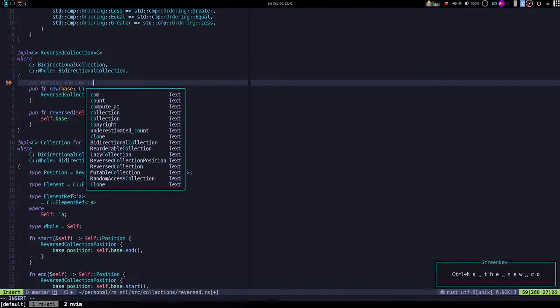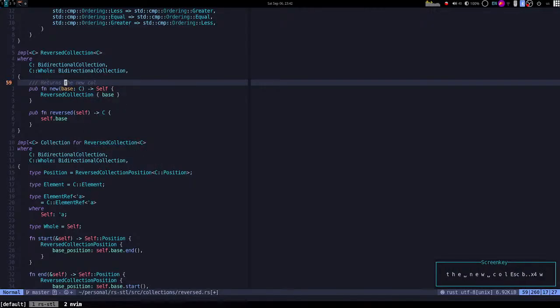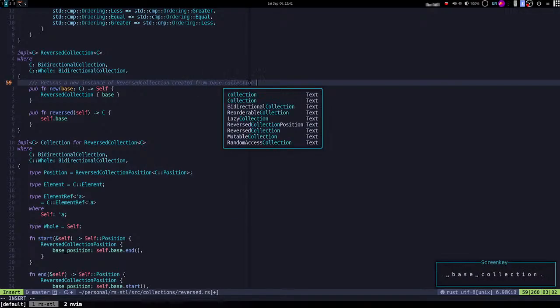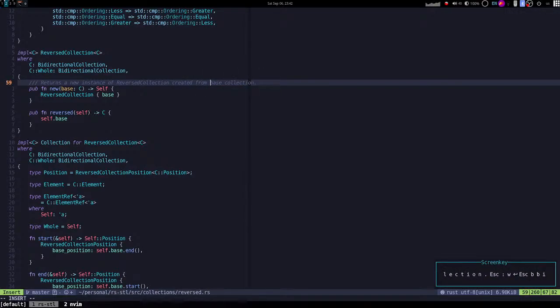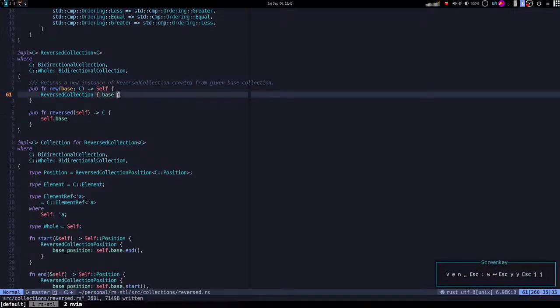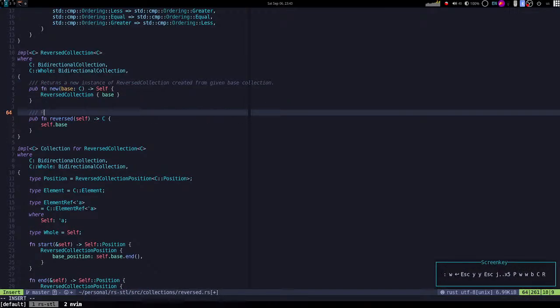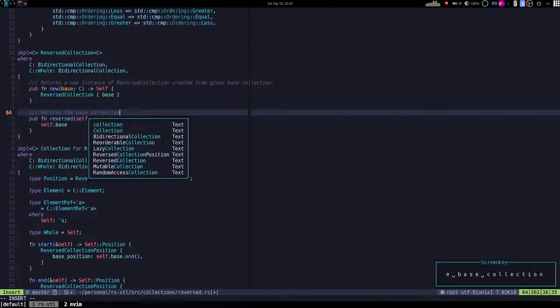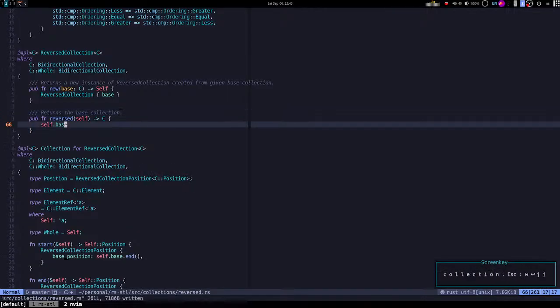returns a new instance of reversed collection created from given base collection, returns the base collection, right?